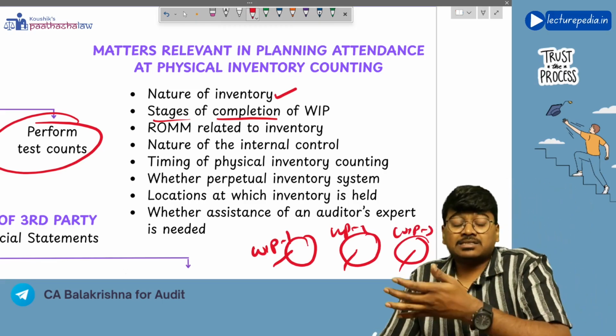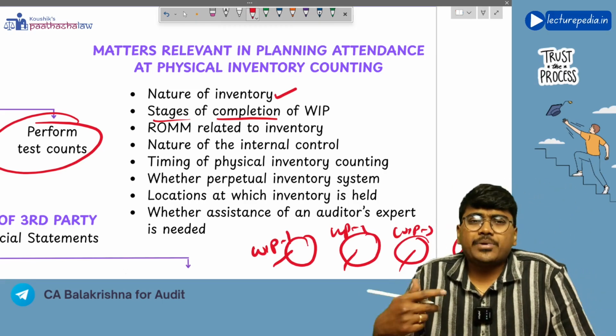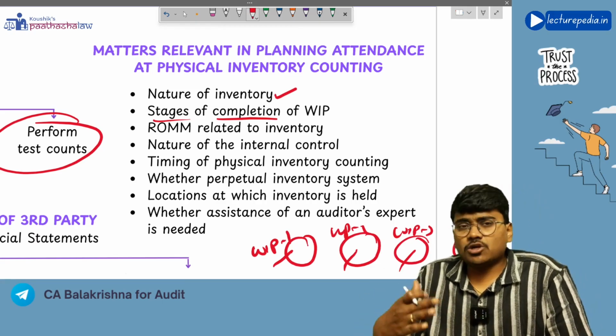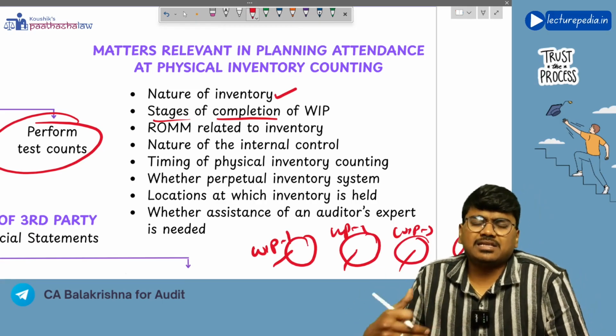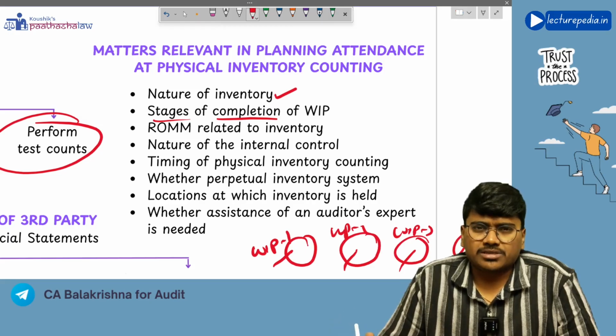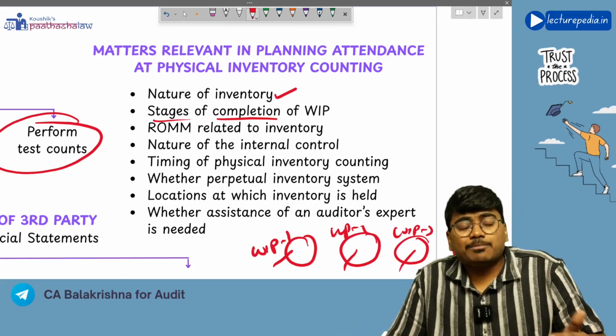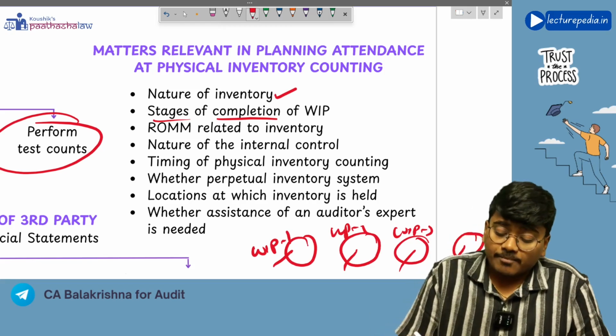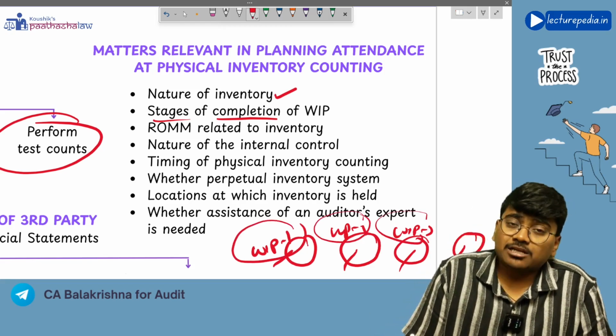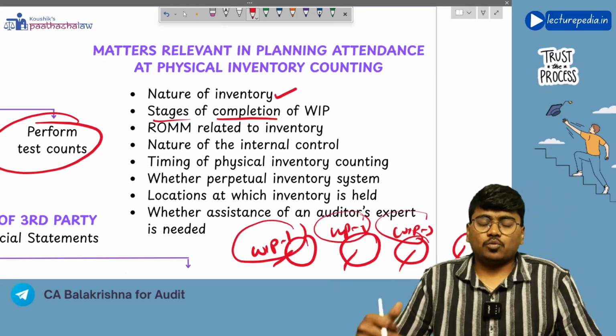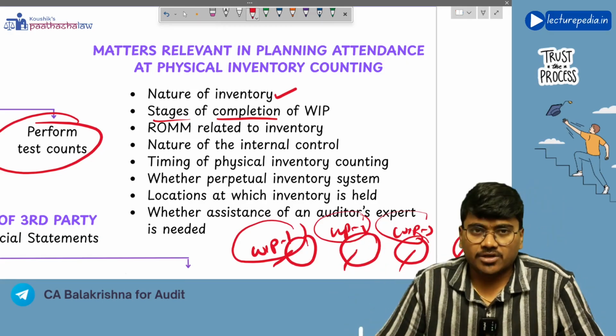You will have stages of work in progress based on the number of stages that the entity has in its production process, right? You should also consider this. As the number of stages increases, the number of work in progress items will increase, correct or not?